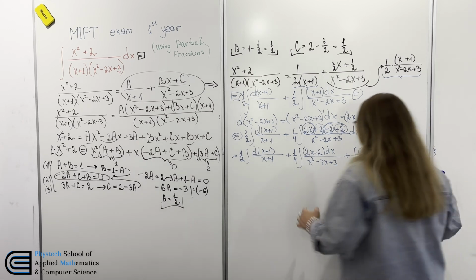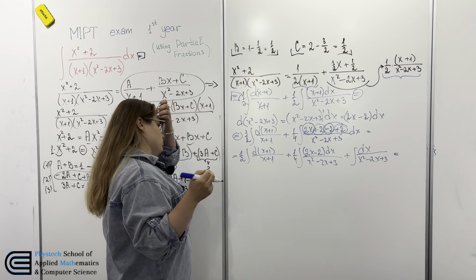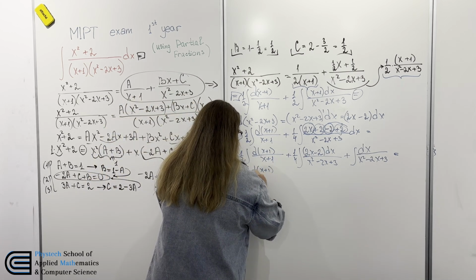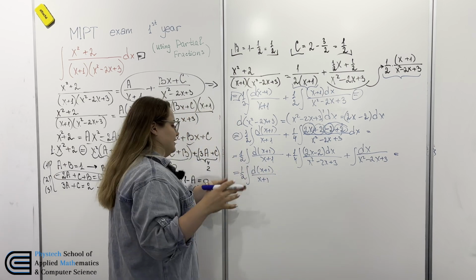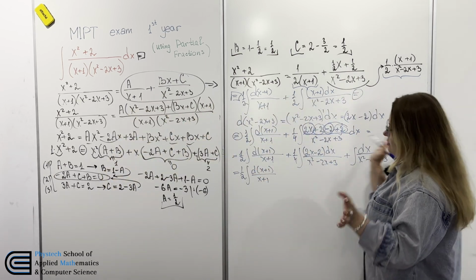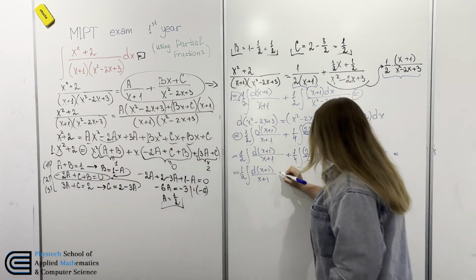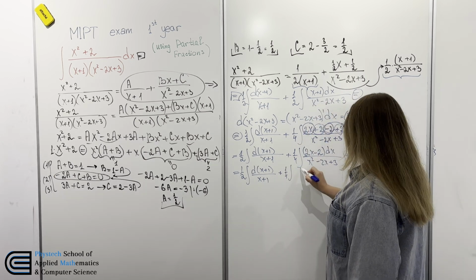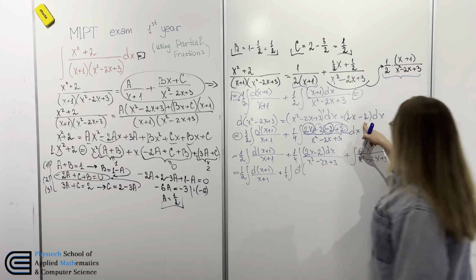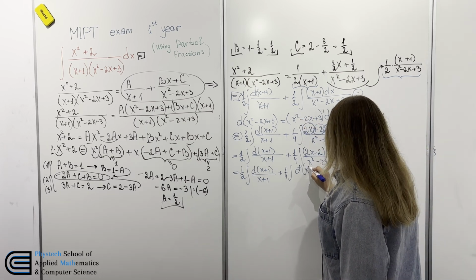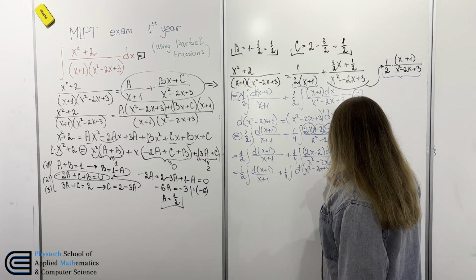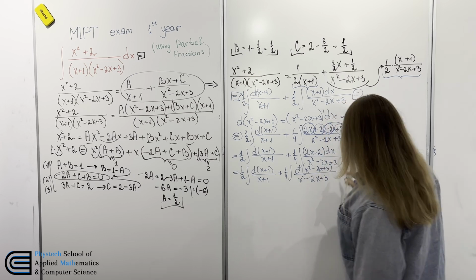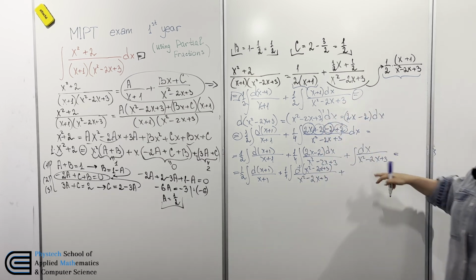Then, what should we do next? So, of course, I can do the integration, but I want to do it at the end. So here we have 1 divided by 4 integral of d of (x squared minus 2x plus 3) divided by x squared minus 2x plus 3, then plus. Here, what should we do?